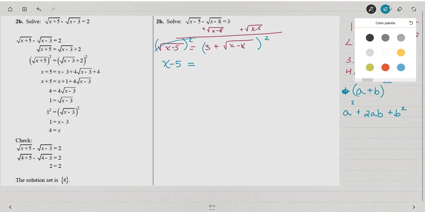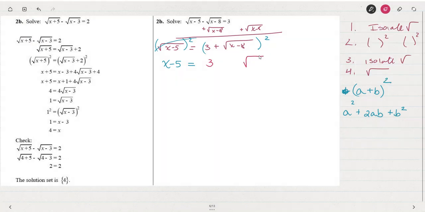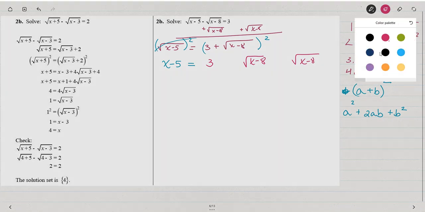So I'm going to have this 3 squared. Let me write this out using the same color first. Then twice the 3 times the square root of x minus 8, and then the square root of x minus 8 squared.